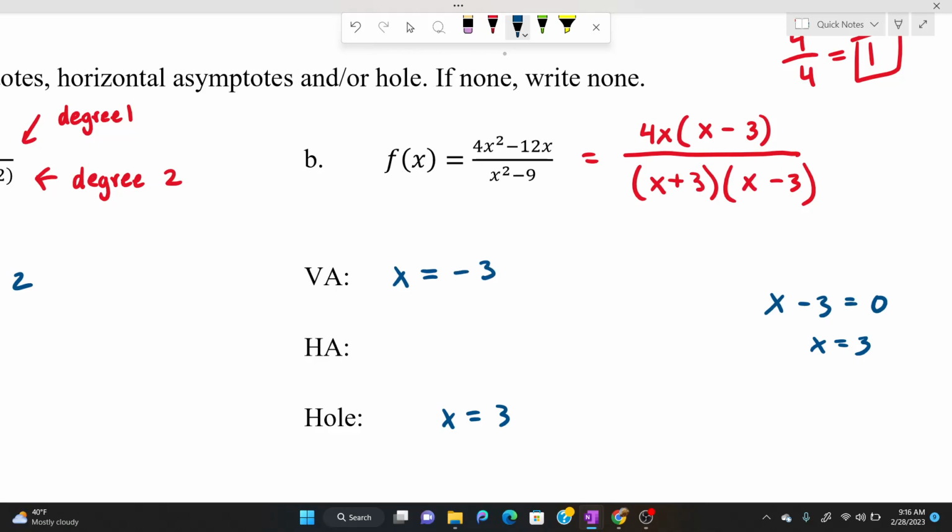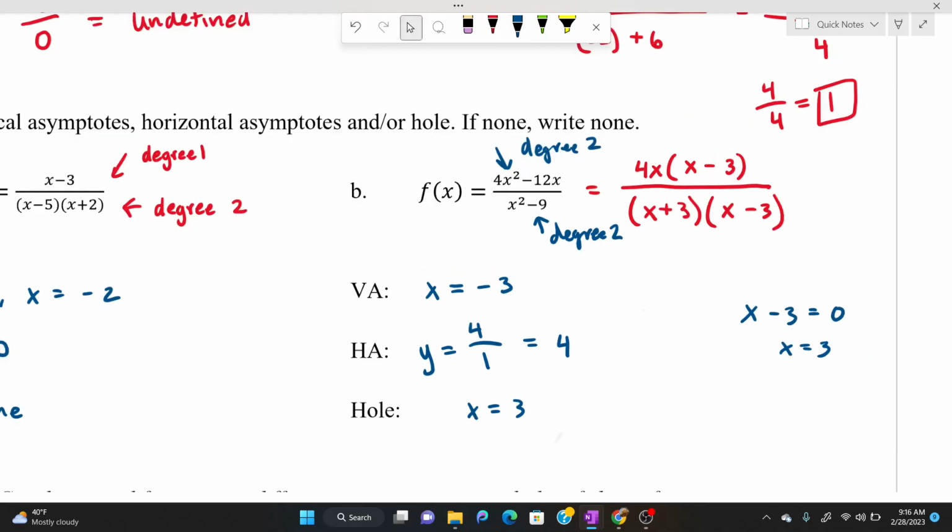And then the horizontal asymptote: since this is degree 2, and this is degree 2, it'll occur at the ratio of the leading coefficients. So y equals 4 is the coefficient of the top, 1 is the leading coefficient of the bottom, which is the same as 4. So that's my vertical asymptote, horizontal asymptote, and hole.